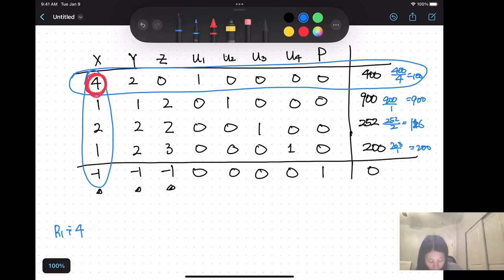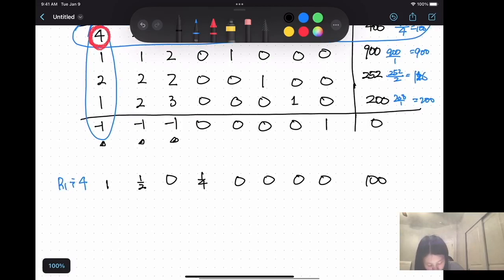After dividing by 4, I have 1, 2 divided by 4 is 1/2, 0, 1/4, 0, 0, 0, 0, and 35. Okay, so the second row, I'm going to write it down.